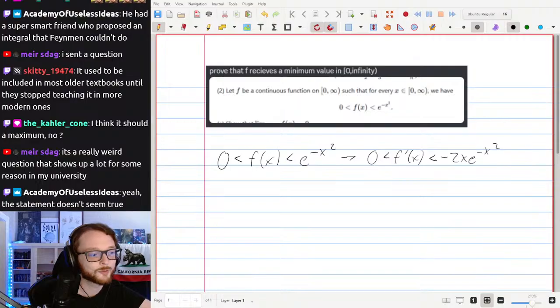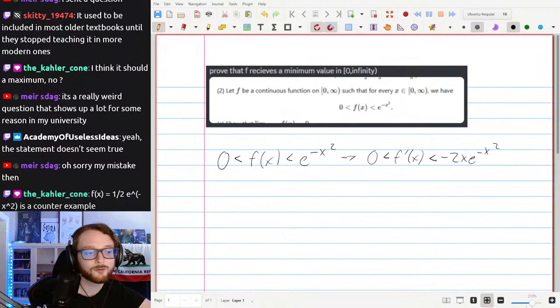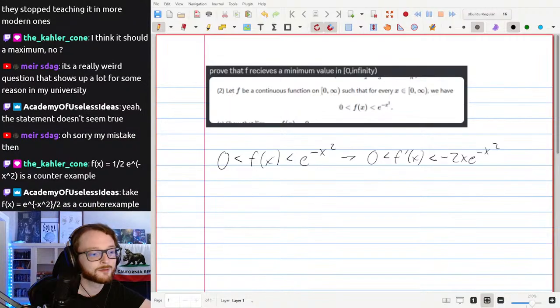It's a really weird question, shows up a lot for some reason at your university. And let's see what we can prove, but... Oh, okay. So both color code and Slim are posing the same counterexample. Oh yeah, that's a pretty good counterexample right there. Okay. Yeah, it should be a maximum.